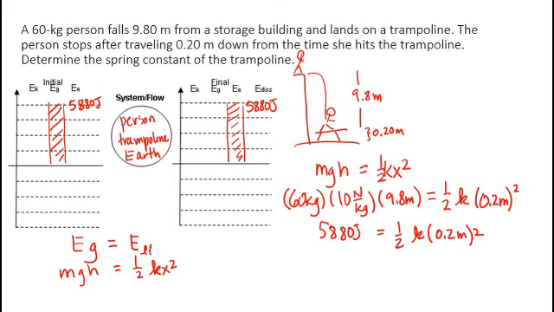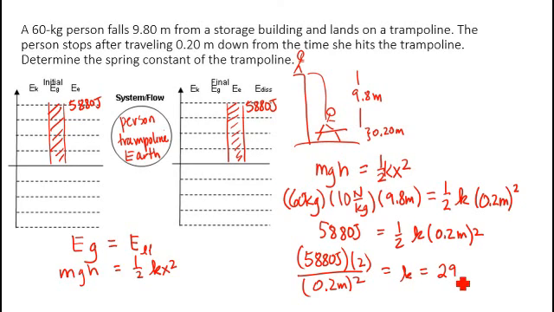It's because of the way the math works. And so I'm going to solve for k, and so k is equal to 5,880 times 2 divided by 0.2 squared, and that gives me a k of 294,000 newtons per meter.